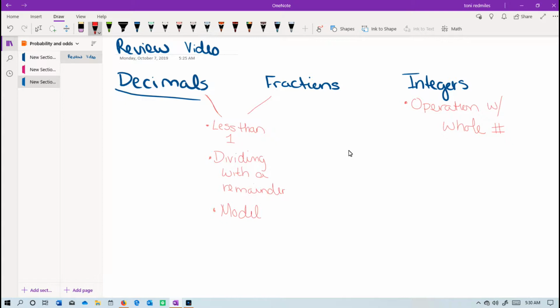You should be familiar with most of order of operations. The only thing we don't do is exponents at this time. You'll find those in the pre-algebra class. So this is the stuff I'm going to go over today, less than 1 and everything, and I'm going to be adding in layers of modeling as I go along.